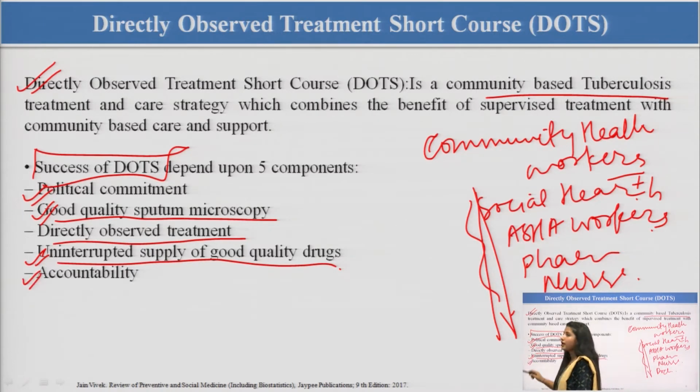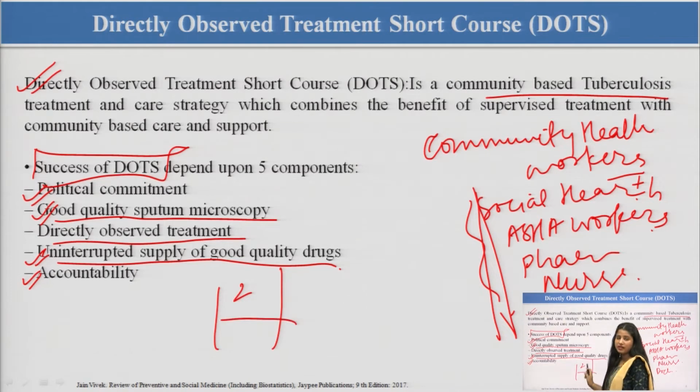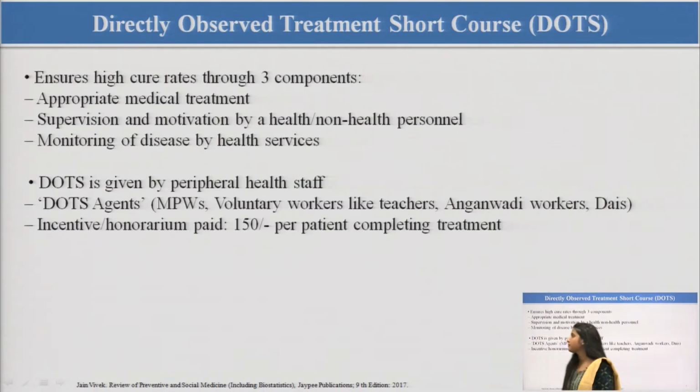And accountability is important. We note the patients and check whether they have taken the full treatment or not. This is known as accountability. We need all of these components for the success of DOTS. Now, ensure high cure rates through 3 components.